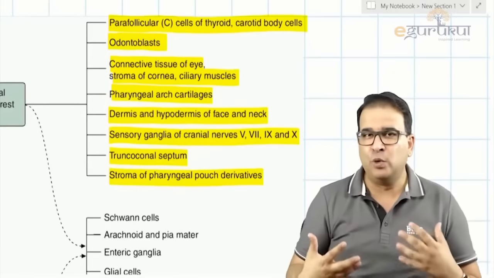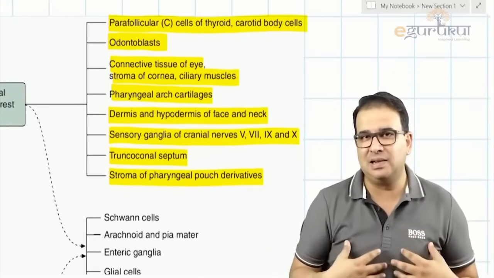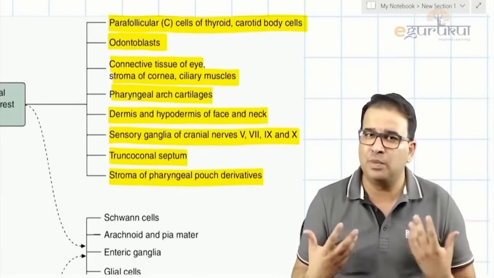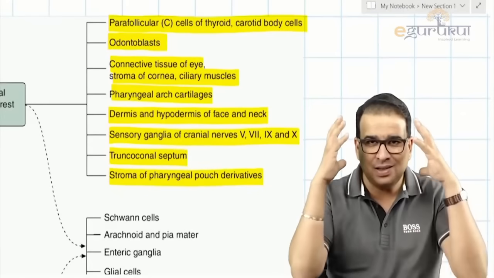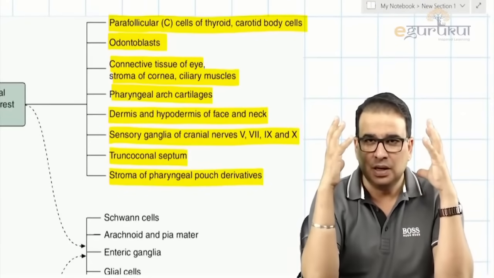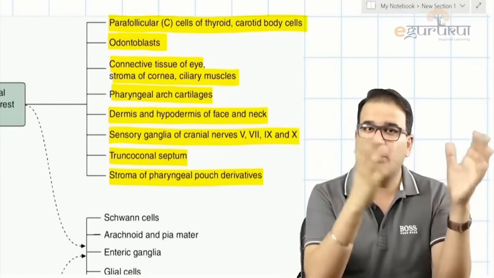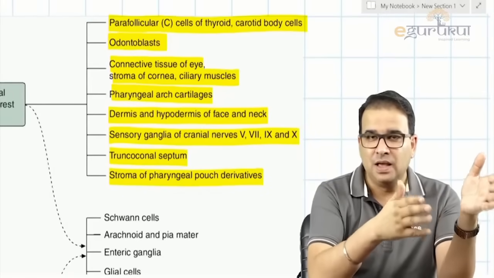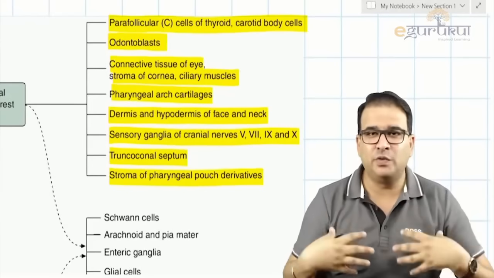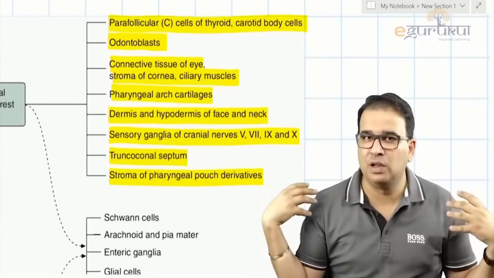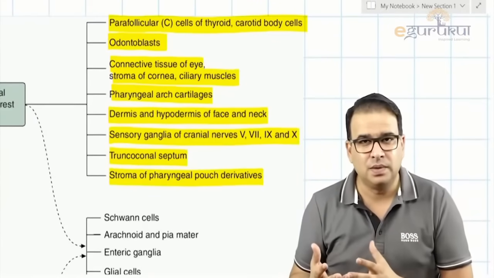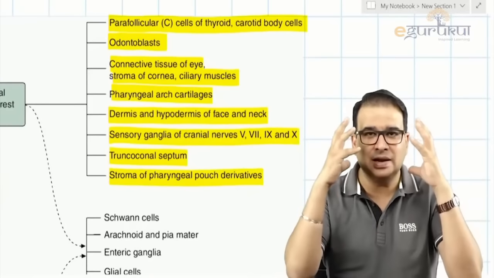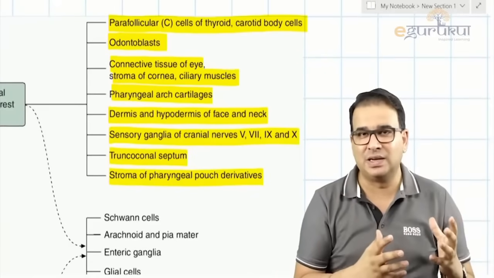Think about the bones: most of the bones, axial or appendicular skeleton, come from the mesoderm. But when you look at the skeleton of the head and neck region, the majority of the bones come from the neural crest cells. The dermis of the ventral body wall and dorsal body wall comes from the mesoderm, but the dermis of the head and neck region comes from neural crest cells.